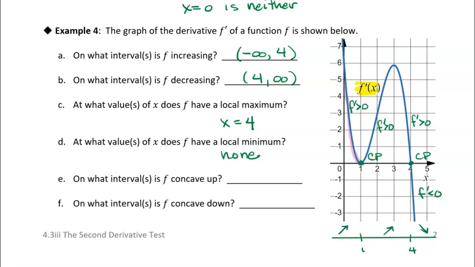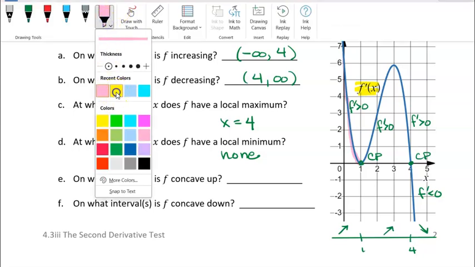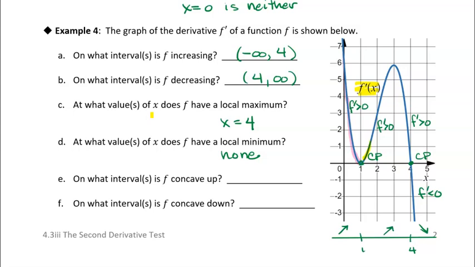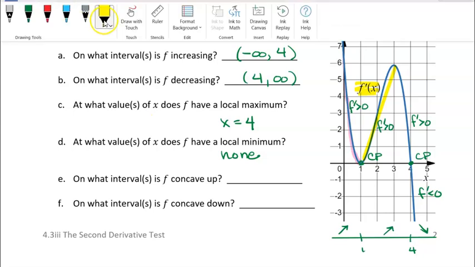Then if we look at the next portion of the curve, the slope of the derivative is positive. The slope of the derivative is the second derivative, so that means that the original function is going to be concave up. And then again, let me switch to a different color.